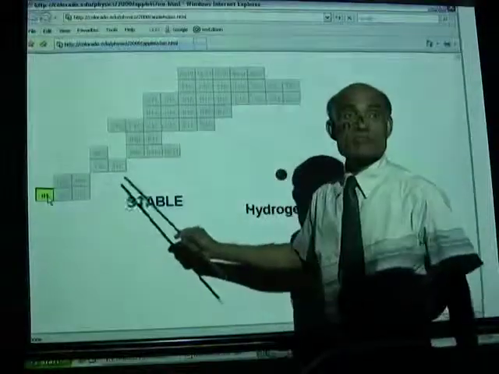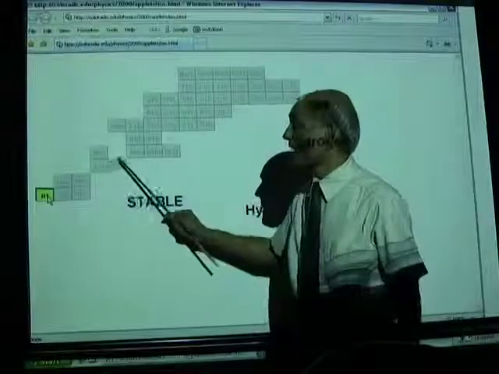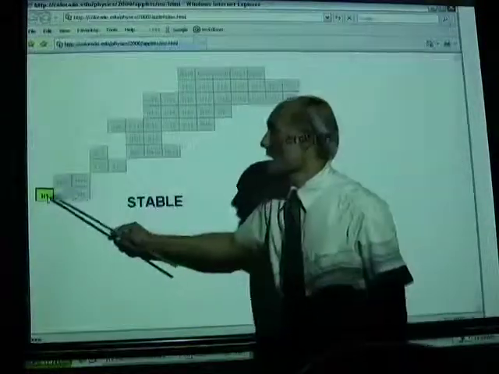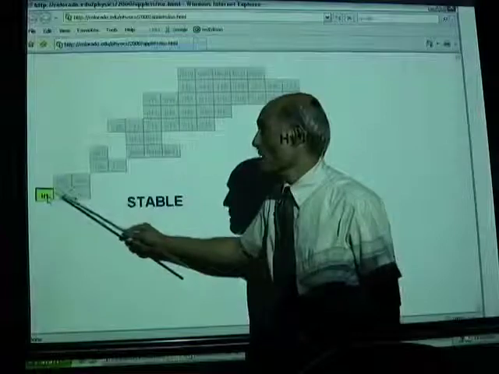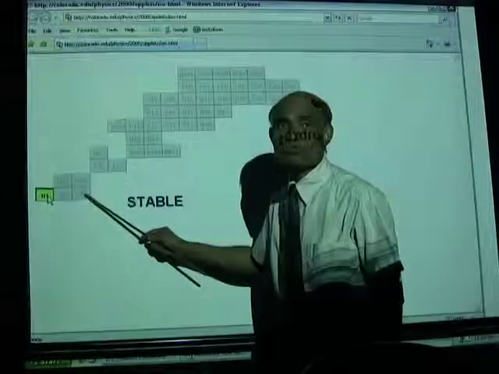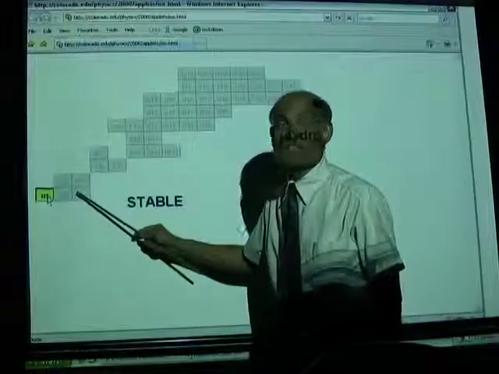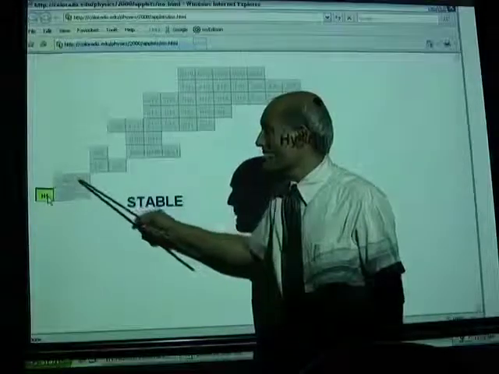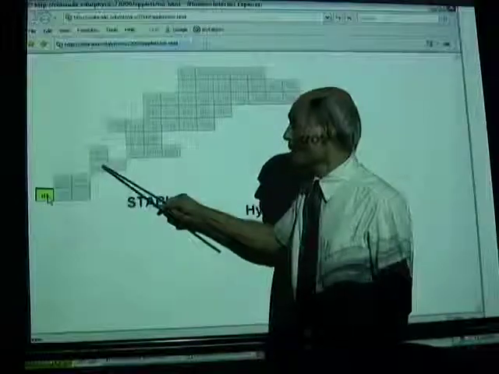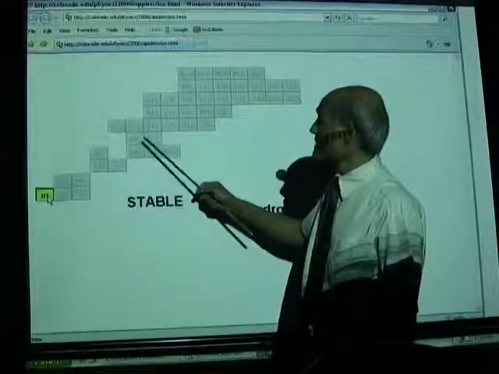Here I have an illustration of several elements and their many isotopes. Hydrogen has hydrogen 1, hydrogen 2, hydrogen 3. What are they called? Normal hydrogen, deuterium, tritium. Helium, helium 3 and helium 4. Lithium 6, lithium 7.